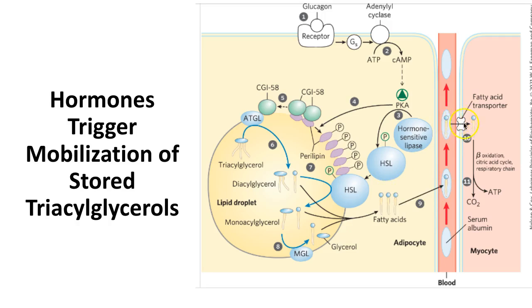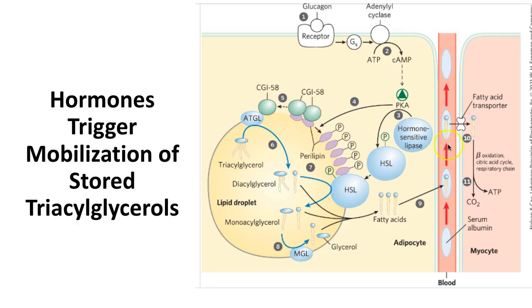Then, to get into the mitochondria of the tissues requiring energy, it gets activated and transported into the mitochondria, and from there it goes through beta oxidation and is used as an energy source.